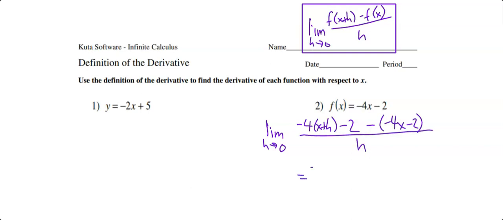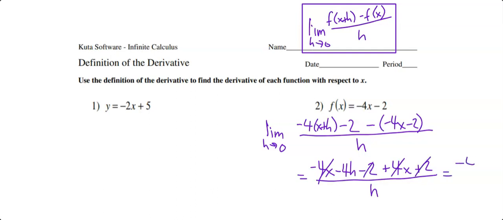So this becomes negative 4x minus 4h minus 2 plus 4x plus 2 over h. Our 4x's go away, our 2's go away. We have negative 4h over h, so the derivative is negative 4.